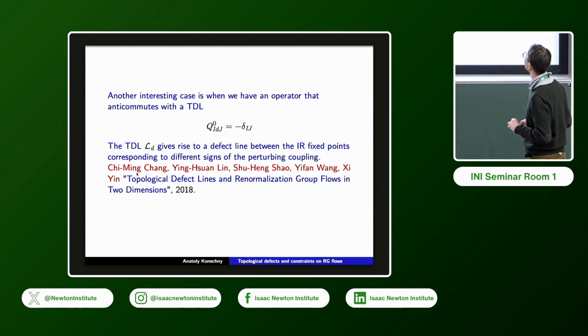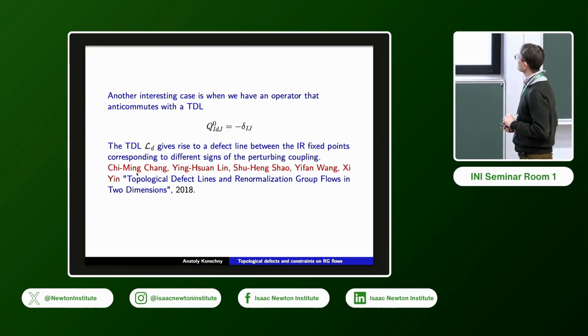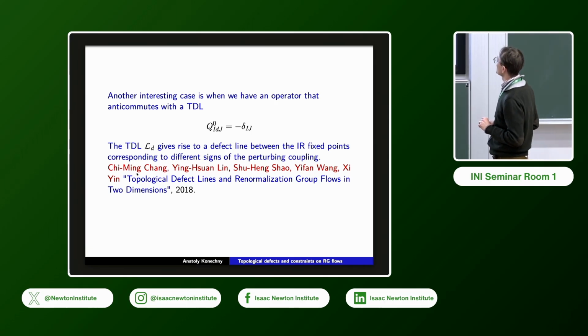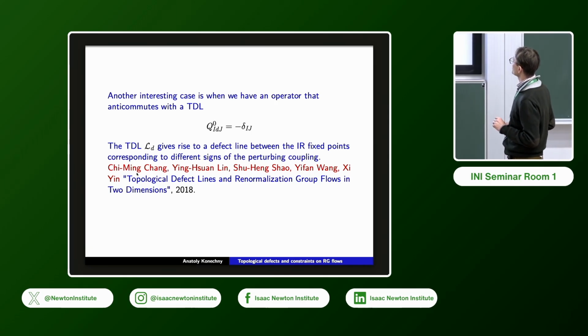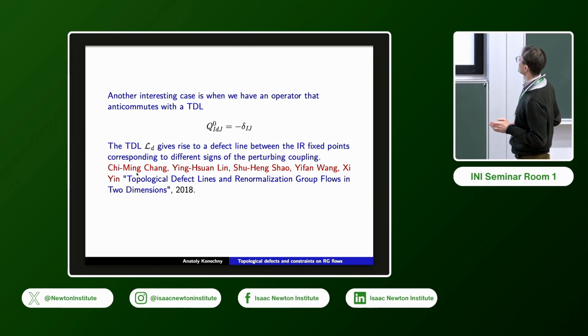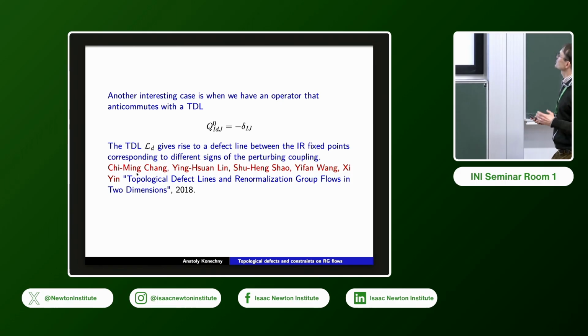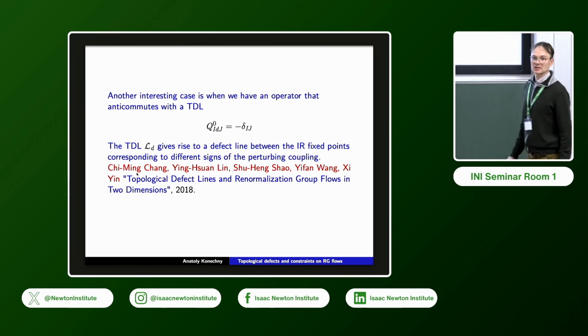Right. So that's another interesting case, and the consequences were discussed in this paper from 2018, which is a very nice paper. There's a lot of discussion of topological defect lines and particular applications to concrete RG flows.